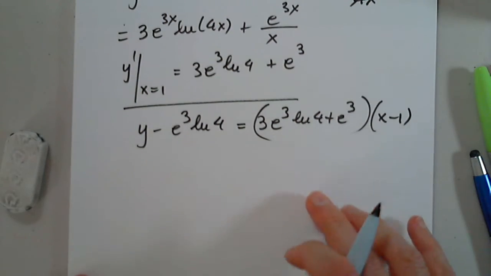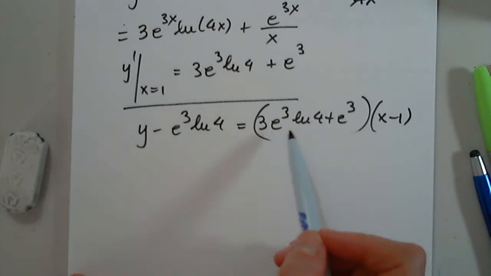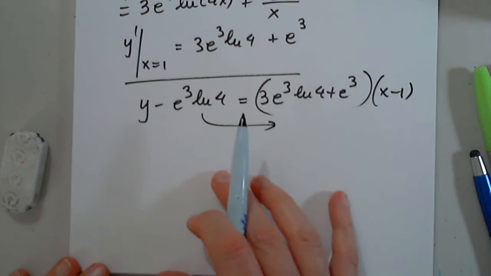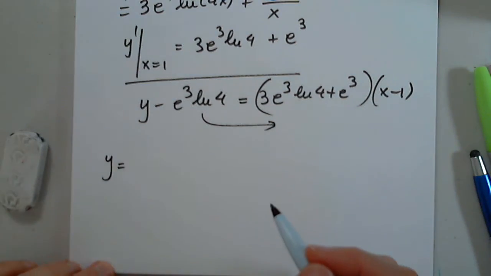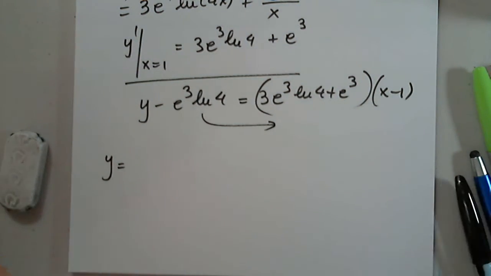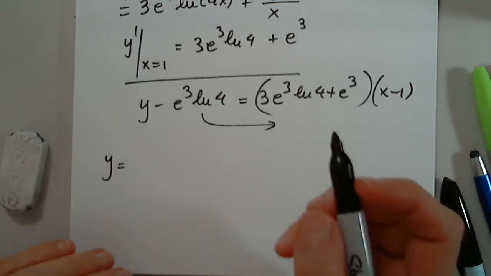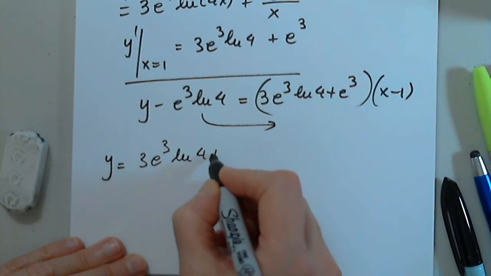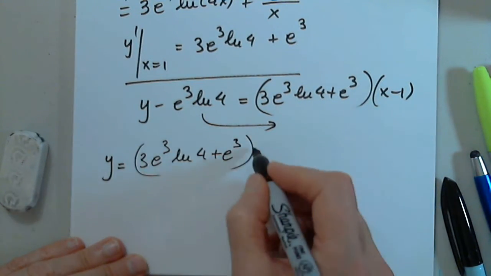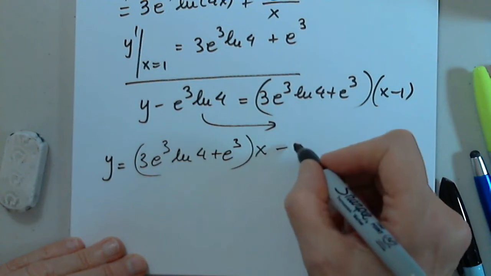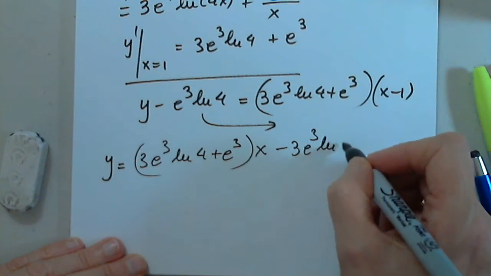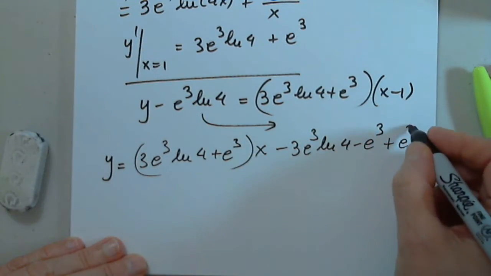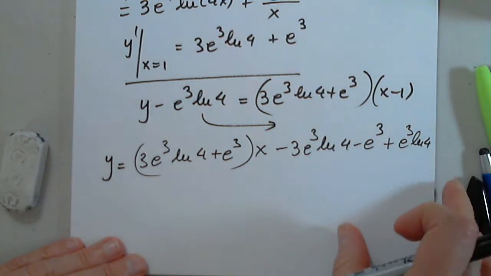My goodness. So I have to distribute x in here, negative 1 in here, and move this to the other side. I really didn't, in a long time, see anything this ugly. Okay, so 3 e to the third natural log 4 plus e to the third times x minus 3 e to the third natural log 4 minus e to the third, plus e to the third natural log 4.